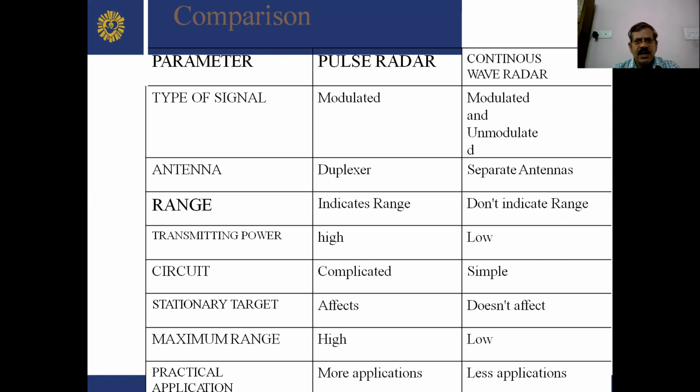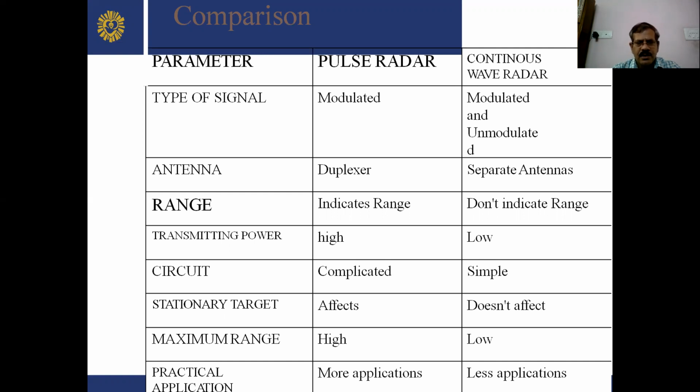Antenna: in pulse radar, a duplexer, and in continuous wave radar, separate antennas. Range: pulse radar indicates range, CW radar doesn't indicate range. Transmitting power in pulse radar is high, but in CW radar it is low. The circuit of pulse radar is complicated, but CW radar is simple.